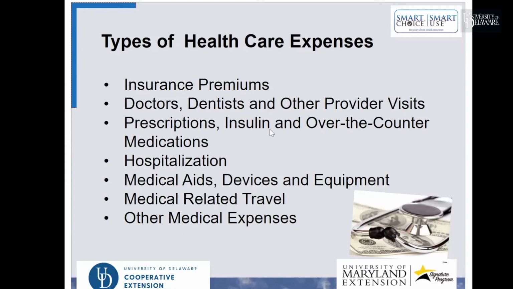If you're hospitalized, there's a cost with that. Medical aids, devices, and equipment, medical-related travel, and other medical expenses. Those are all some of the types of healthcare costs that you need to be aware of and then be prepared for in case you have to pay for those expenses.